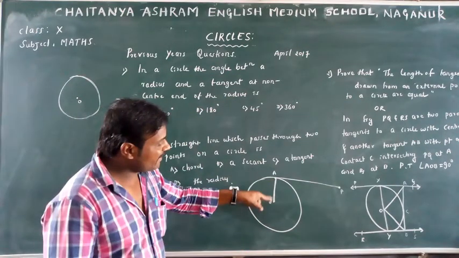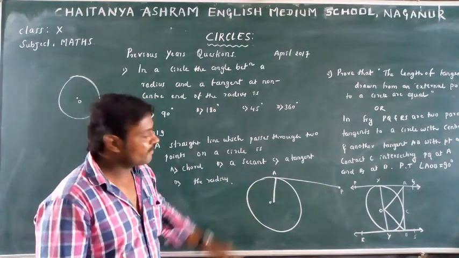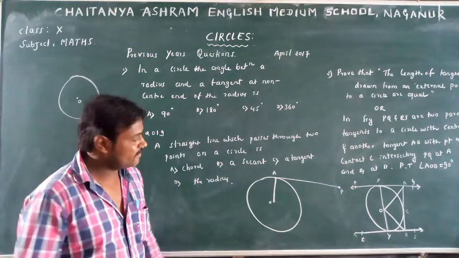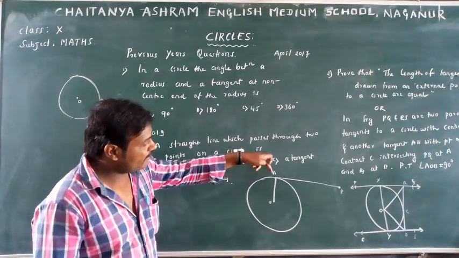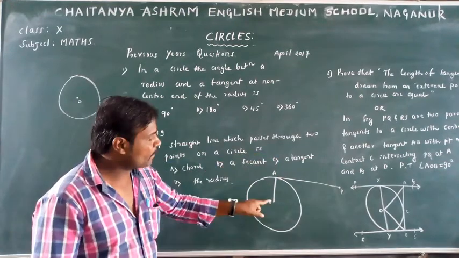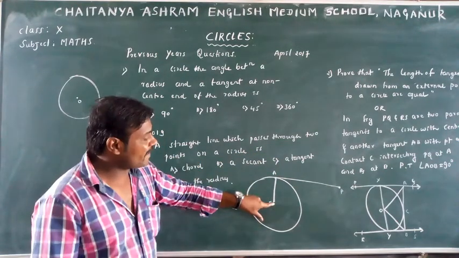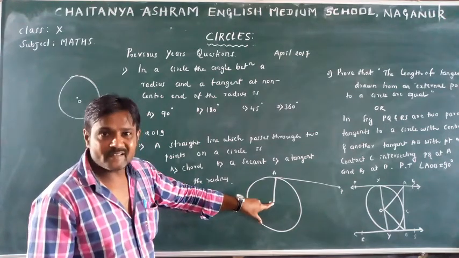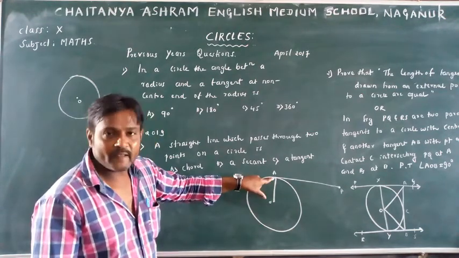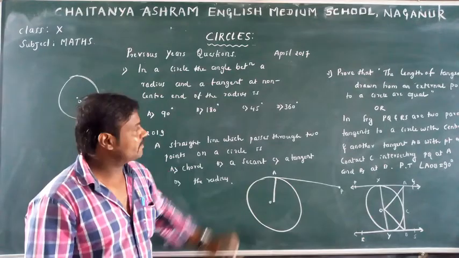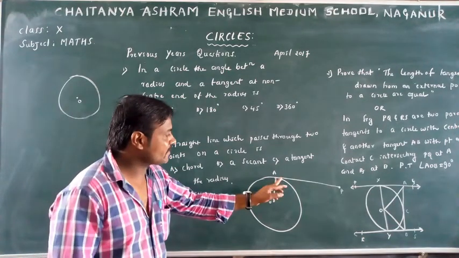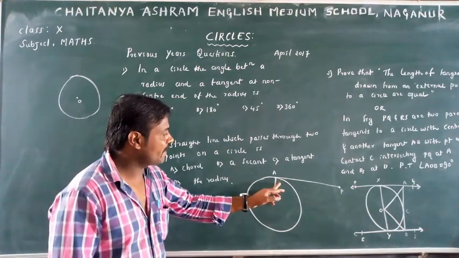So this is the radius, which has two ends, one is at O, that is center of the circle, another one is at A. Yes, then this angle they ask, what is the measure of this angle?